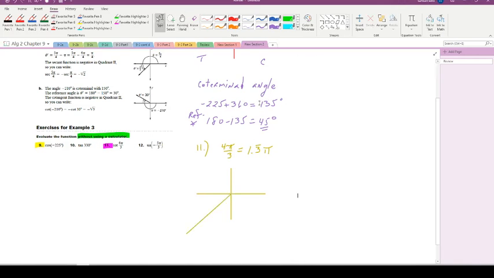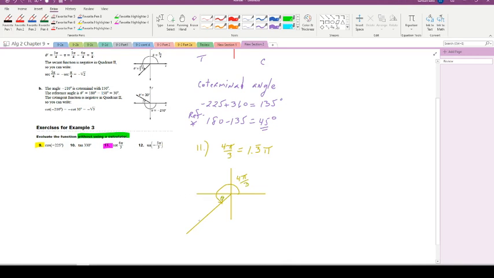And I'm going to draw my angle. My angle is going to go like this to here because it's positive, and that is 4 pi over 3. And I'm looking for this angle here.